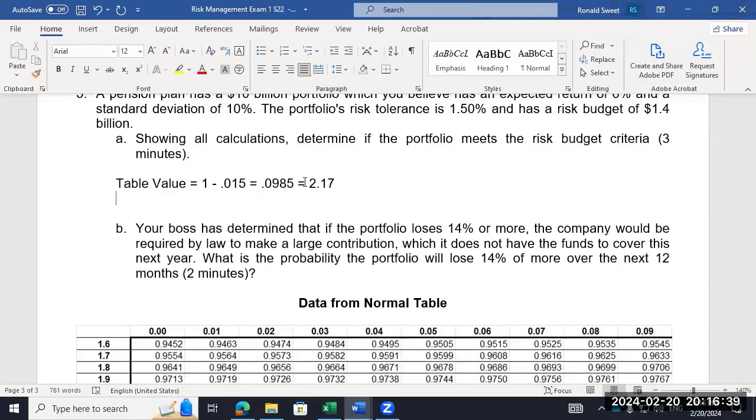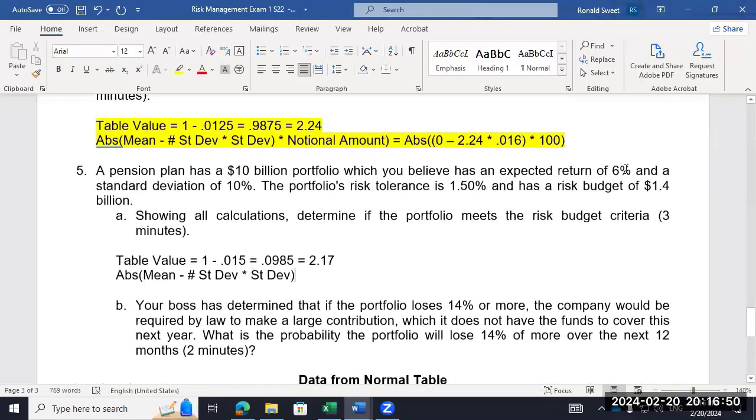And same formula again, the absolute value of the mean minus number of standard deviations times the standard deviation. Are we doing it in dollars? Their budget's 1.4 billion, so we're going to multiply it by the portfolio value. So in this case, it's going to be the absolute value of the mean, 0.06, minus 2.17 times the standard deviation, 10, times the portfolio, 10 billion.